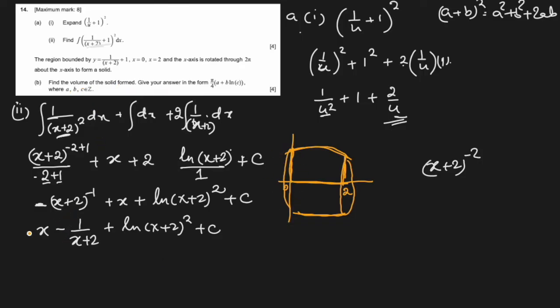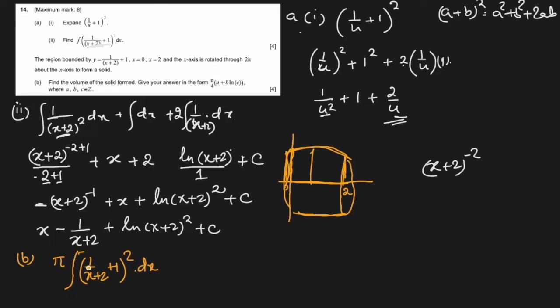Whenever we need to find the volume of such a solid, this is what we do. We write pi and the radius of that rotation, but that radius is variable. Here it is less, here it is more. So we integrate this one: (1 over (x plus 2) plus 1) which was y, so y square dx.